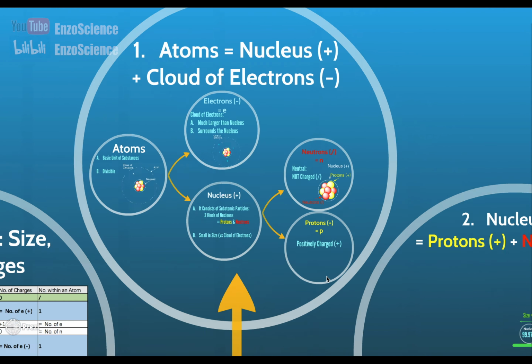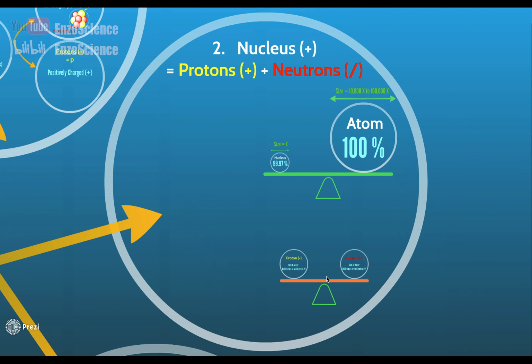Alright. Regarding the second point, let's discuss the size and mass of a particle like nucleus, protons, and neutrons. Like we mentioned, a nucleus only occupies a trifle of space inside atoms. But specifically, how small is it?